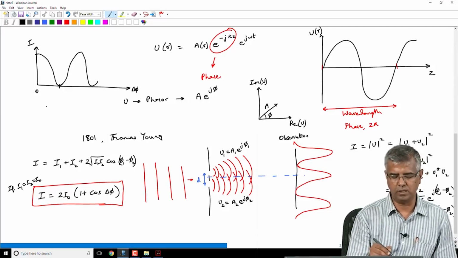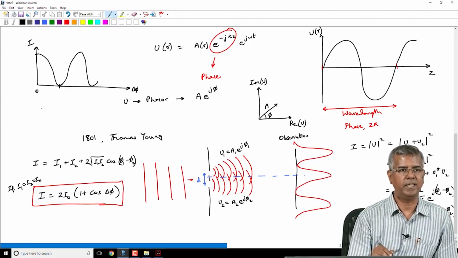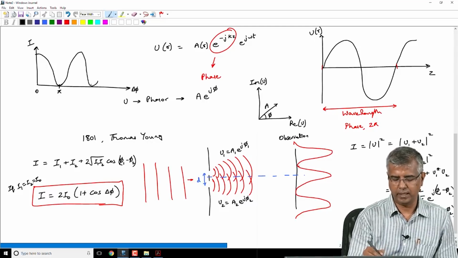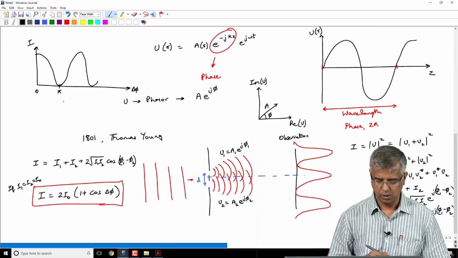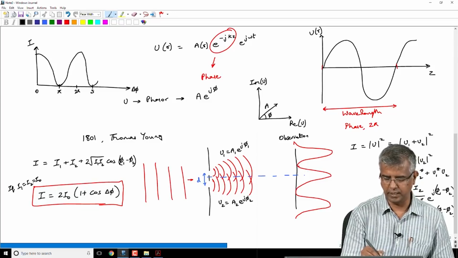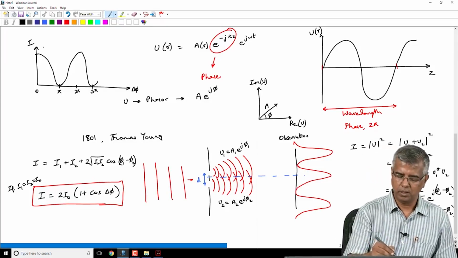Where does it go to 0? I becomes 0 when delta phi equals pi, right. And similarly, when delta phi equals 2 pi, it will go to the maximum, and at 3 pi it will go to minimum, and so on.